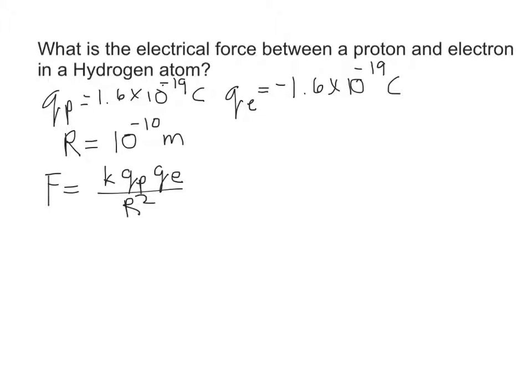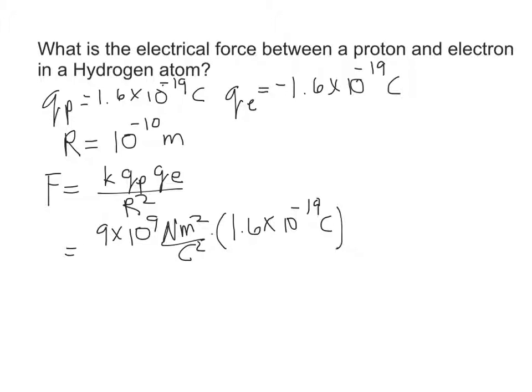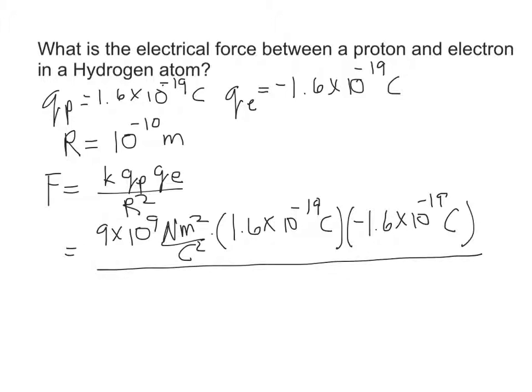And that's equal to 9 times 10 to the 9th newton meter squared per coulomb squared times the charge on a proton, which is 1.6 times 10 to the minus 19th coulombs, times the charge on an electron, which is minus 1.6 times 10 to the minus 19th coulombs, all divided by the distance squared, which is 10 to the minus 10 meters squared.